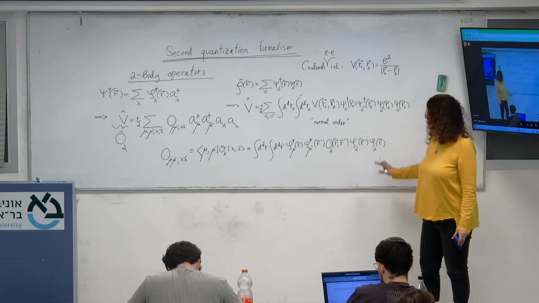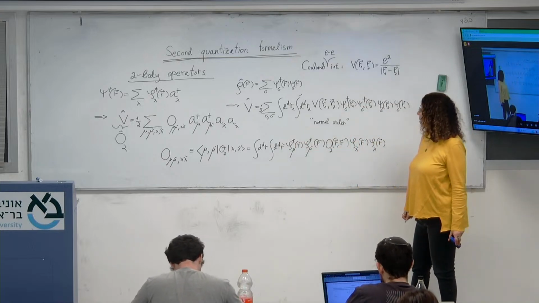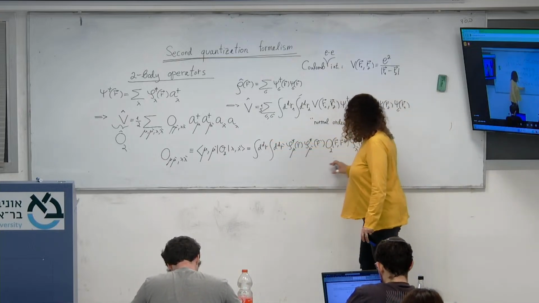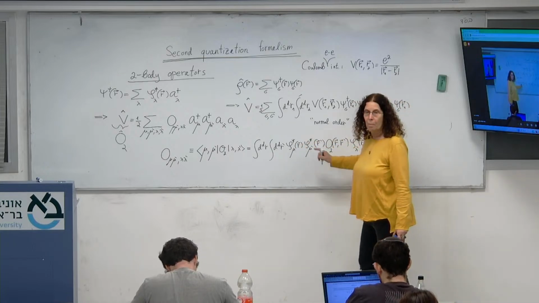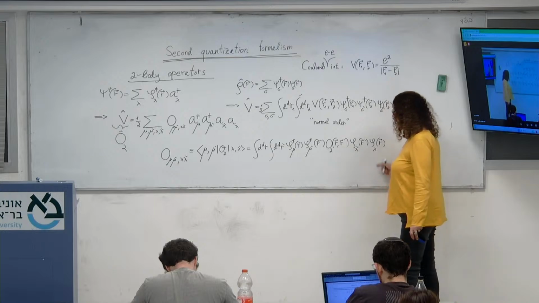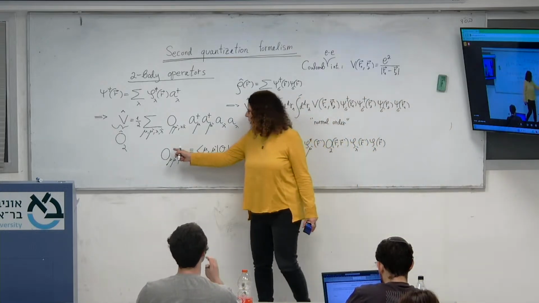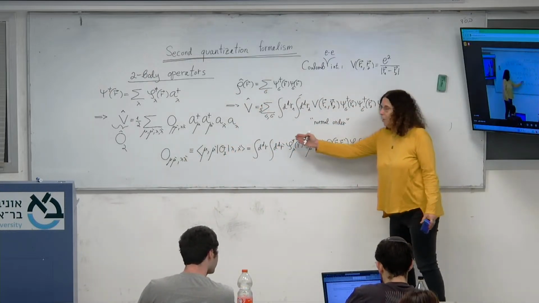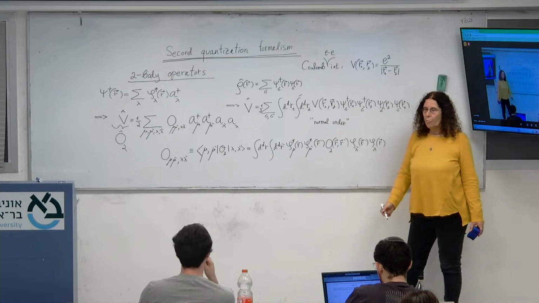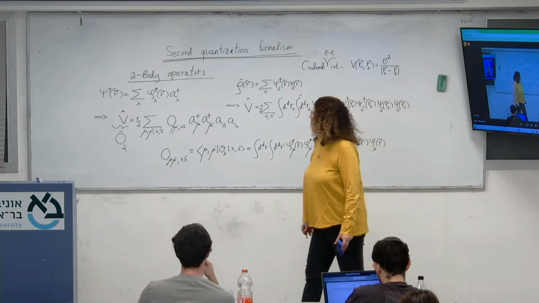So this is an explicit integral. Okay, these are wave functions, and in principle it allows you to calculate. It's a matrix element of the interaction, and it's just a number. Okay, and generally it's a complex number, right?